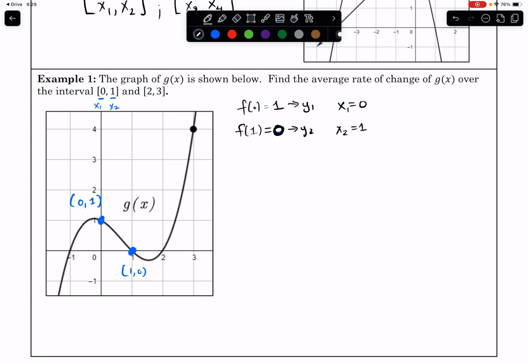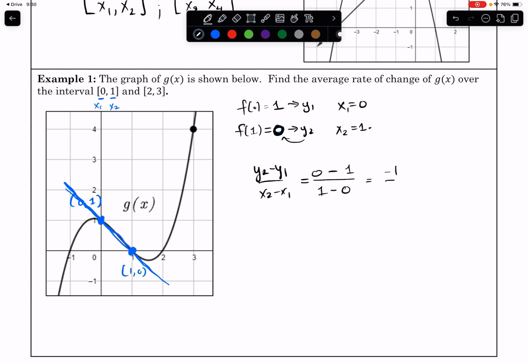So now we're going to look at the average rate of change. If I draw a line from this point to this point, what would be the slope of this line that I have in blue? So using the slope formula, y2 minus y1 over x2 minus x1, we're going to plug in those corresponding values. My y2 is the number 0 minus my y1, which is the number 1, and I'm going to divide it by x2, which is 1, minus my x1, which is 0.